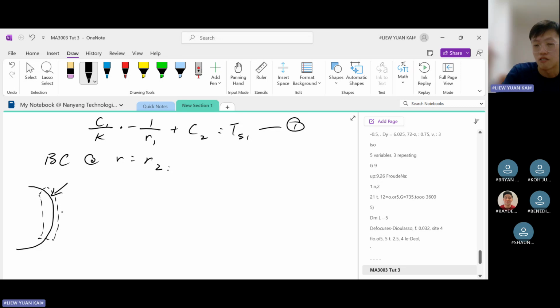You can also make it point outward, but I'm going to point it inward. It's just an assumption. This is Q2. Because this is a solid sphere, there's also conduction. Sorry, I assume my conduction is pointing inwards.